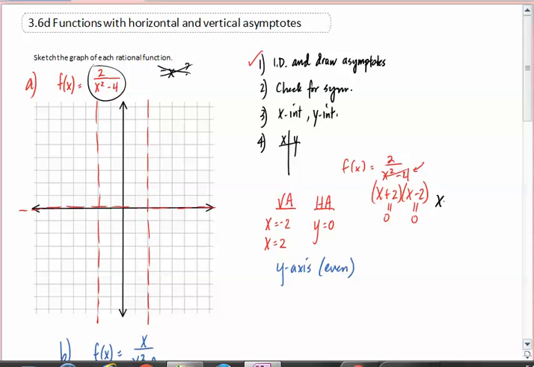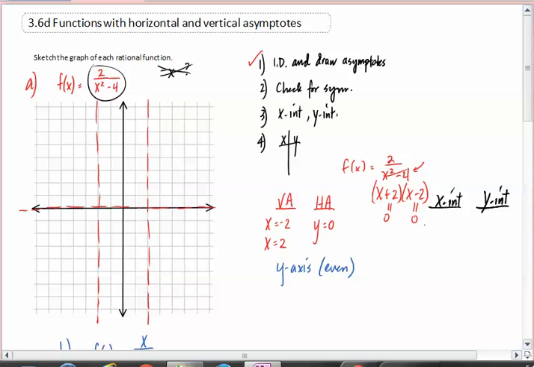Okay, so now I'm going to move on to x-intercept and y-intercept, if there are any, right? So x-intercept means that it's wherever the function would actually be 0. Well, this function is a fraction, right? When would a fraction be 0? A fraction is only 0 when the top of the fraction is 0.